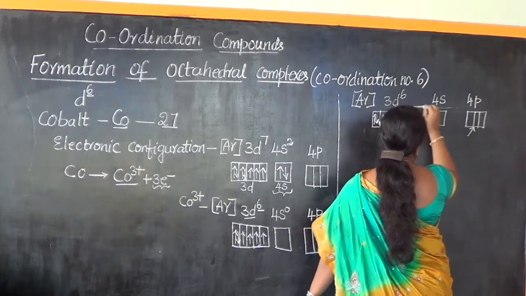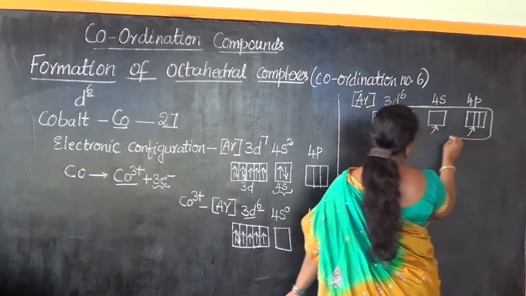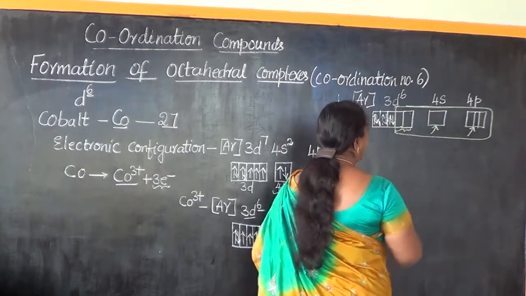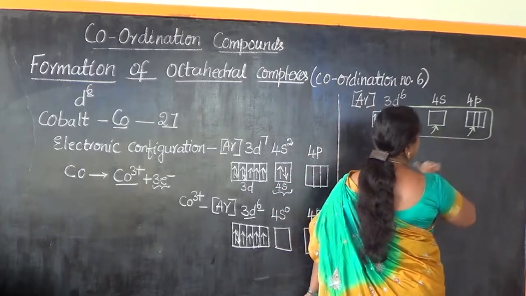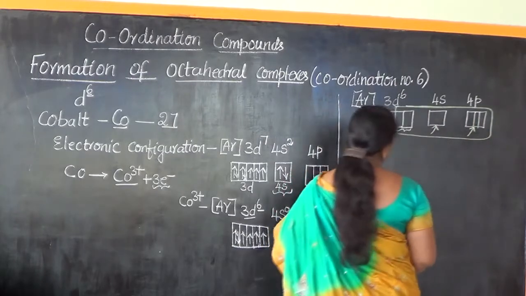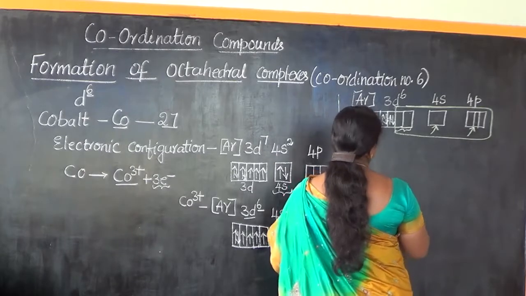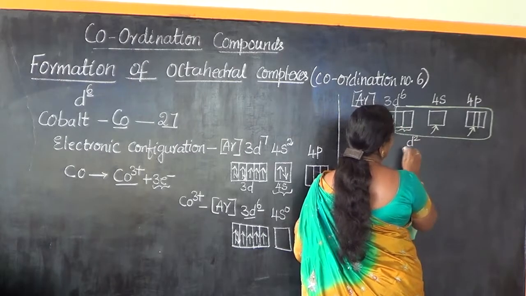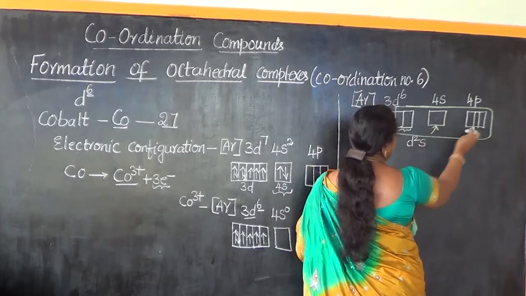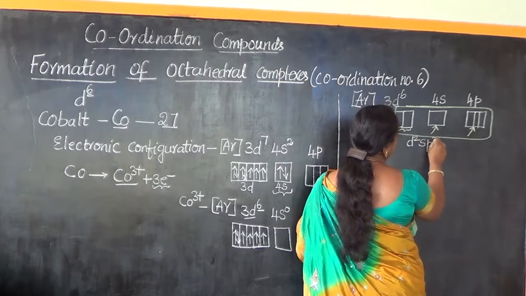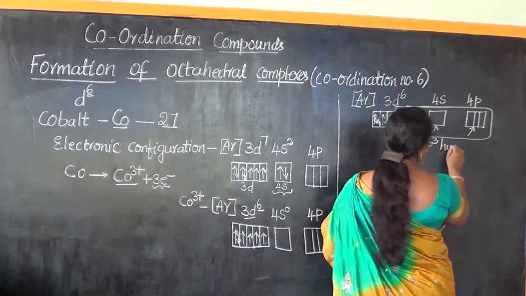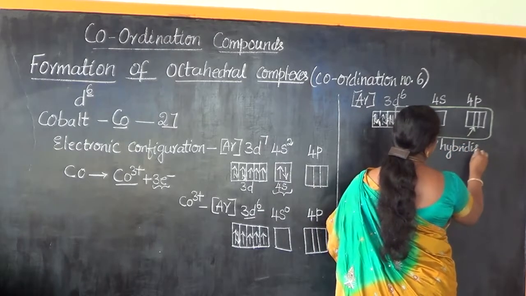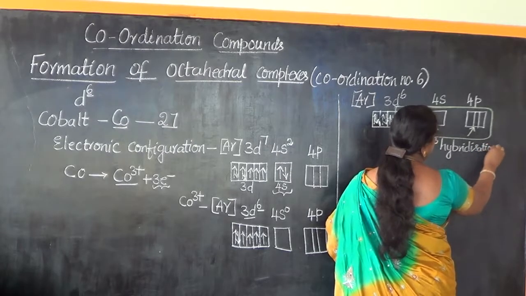We observe that there is involvement of 2 of the inner d orbitals, 1 of the outer 4s orbital and 3 of the outer 4p orbitals for undergoing hybridization. So 2 d orbitals, so d2, 1 s, and 3 p, so sp3. What is the type of hybridization we observe? We observe d2sp3 hybridization.